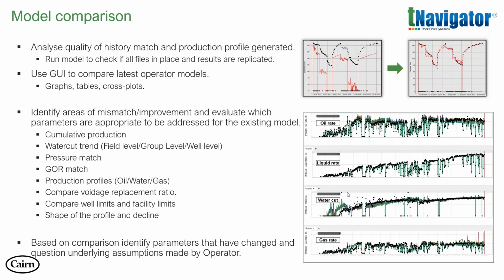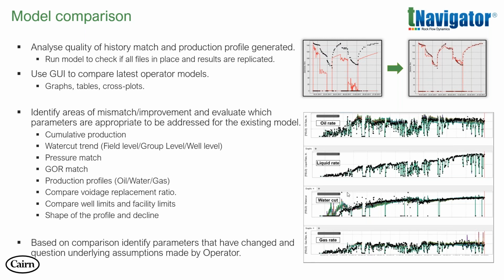and just quickly look at things. And I suppose, preaching to the choir here, you look at your cumulative production, which gives you a good idea of your quality of match to begin with.